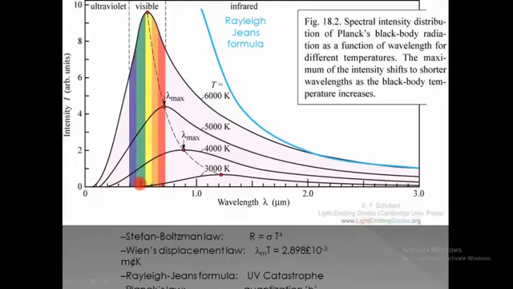It is ultraviolet or gamma or X-ray, like that. Because Rayleigh could not find out this part of the curve, he could only find the part at the higher wavelength, and the part he failed to explain is in the lower wavelength. So because he failed to explain, this is sometimes called the ultraviolet catastrophe.